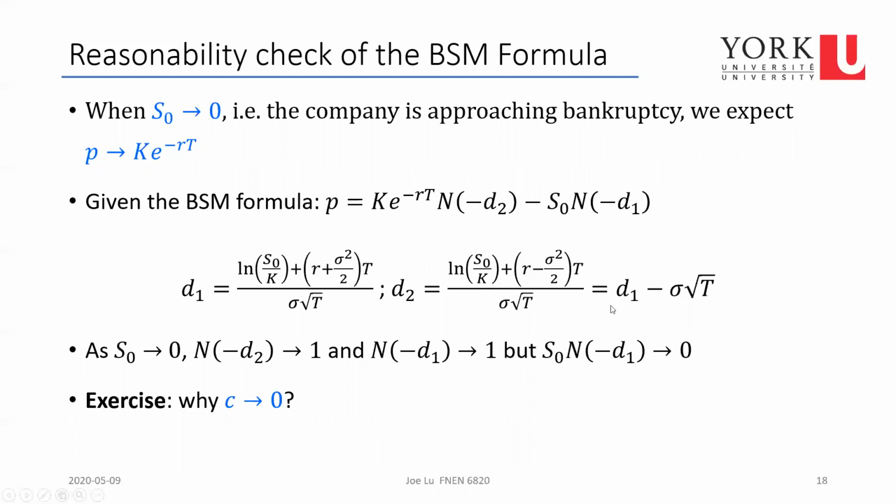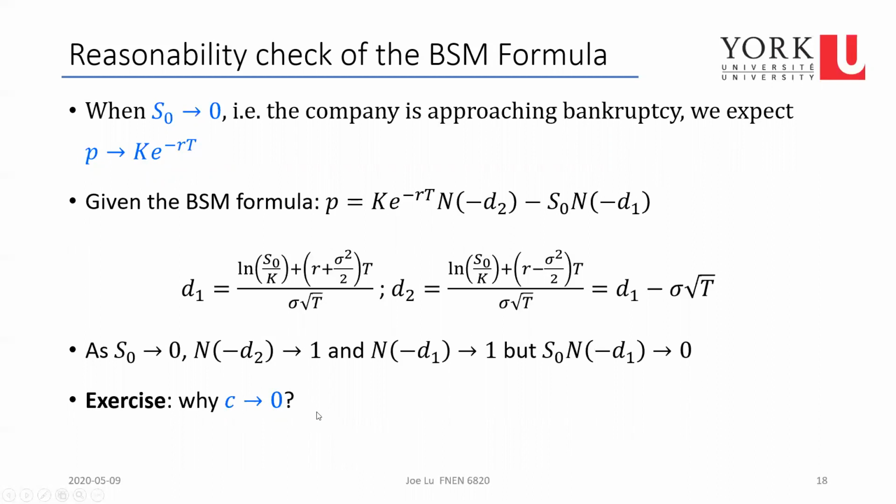Now, at the same time, this part here is going to be approaching 0 because S is approaching 0 and this one is approaching 1. So the product of this is going to be 0. So the put will have this value, K times e to the power minus RT.